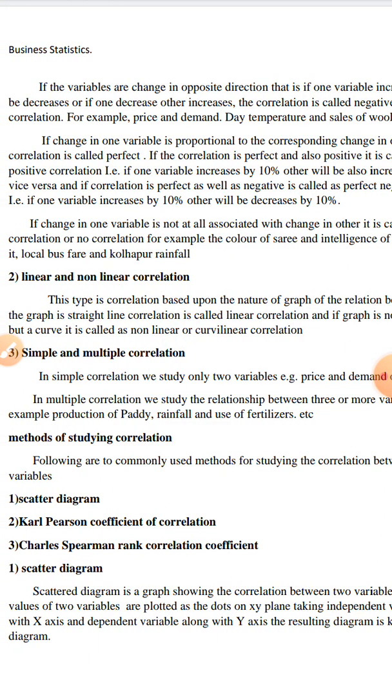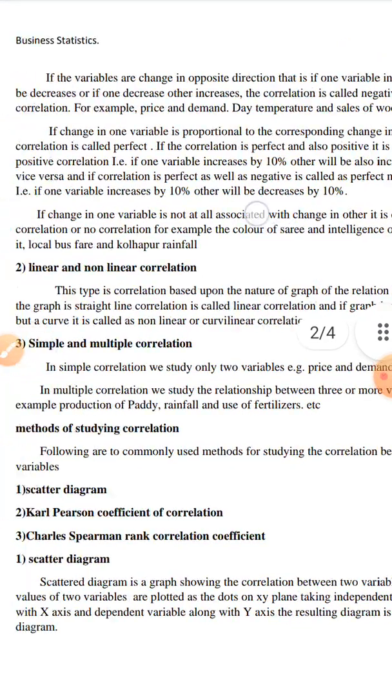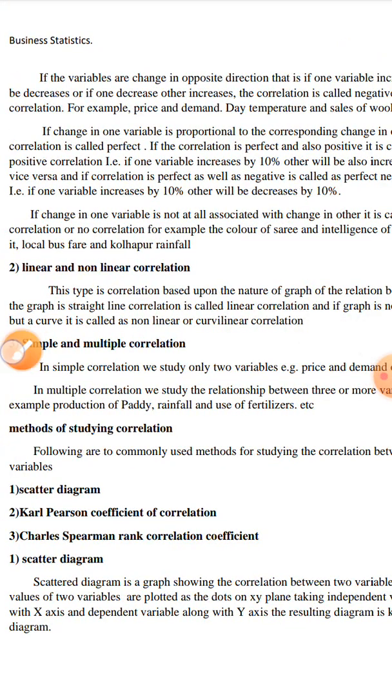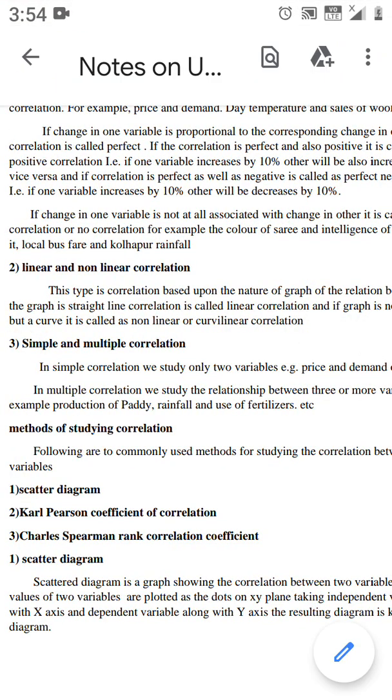The next point is: if the change in one variable is proportional to the corresponding change in the other, then the correlation is called perfect correlation.